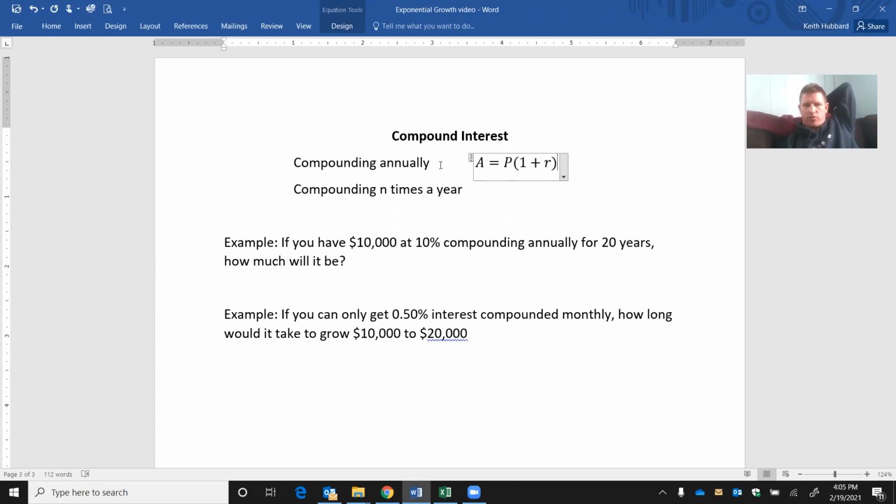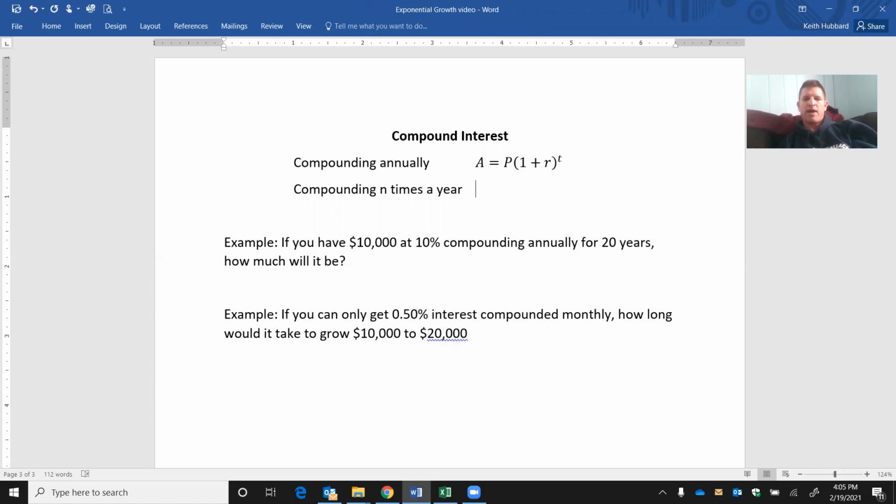So if you put in $100 for P, you get that money back, P times 1, and then if the interest rate is 10%, if little r is 0.1, 0.1 times your principal is how much interest you get. Now, if you put it in for more than 1 year, essentially you're multiplying times 1 plus r repeatedly, right? So that's your equation.